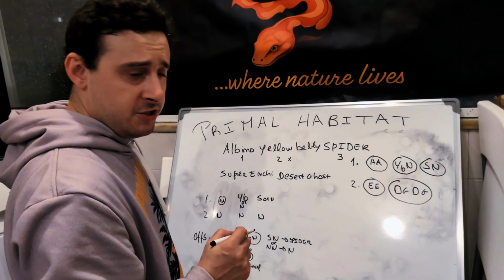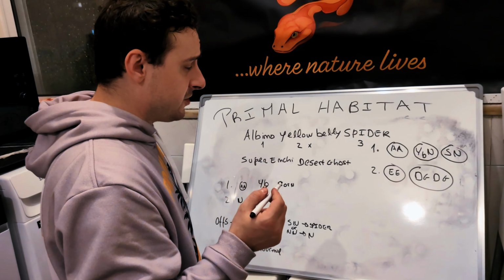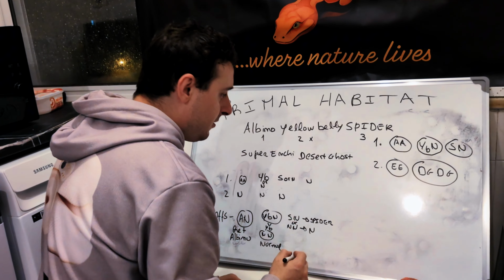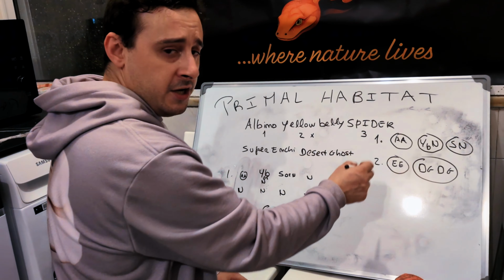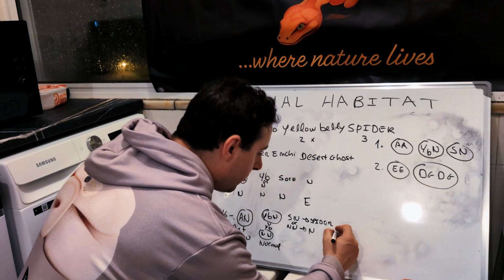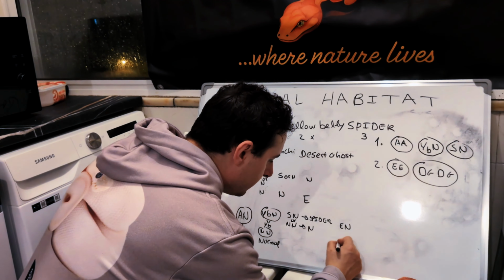For the super Enchi gene, the second snake has a super Enchi gene, but the first one doesn't have it. So the first one will pass N, and the second will always pass E because she has two Enchi alleles. So we will know for sure that the offspring will be EN, so Enchi.